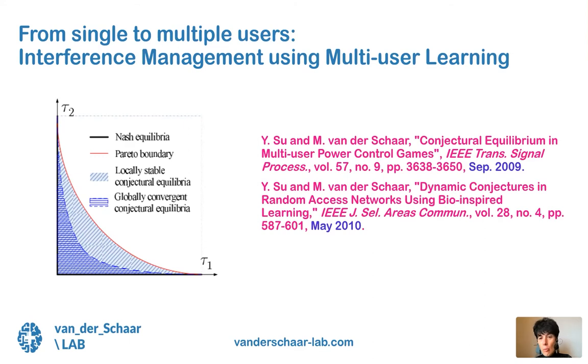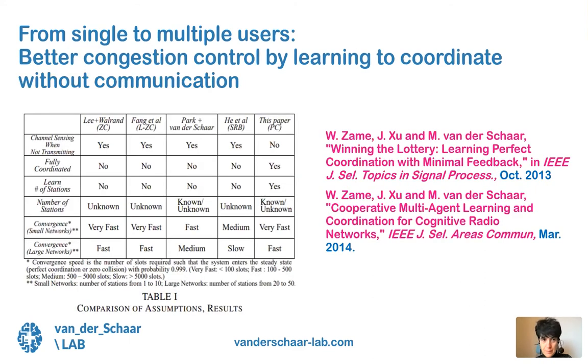Note that in this setting, we are considering compliant users, which are going to be eager to optimize the sum of utilities. We have also solved that not only at the physical layer, like in the previous slide, but also at the MAC layer. And what is interesting here is that we can significantly improve on top of CSMA/CA protocols, so current collision avoidance protocols, by using learning.